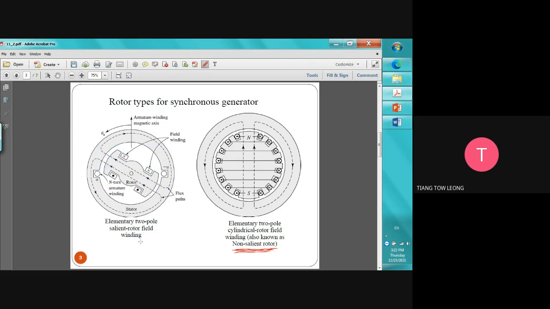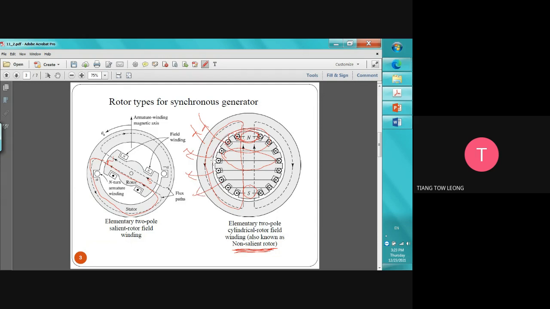For this salient rotor pole, it will directly create a flux path in this way. Likewise, we also create a flux path in this way. We have a north pole, north pole, and a south pole, south pole. But we wind like this, so that when we excite, all the current goes in here and all the current goes out here.